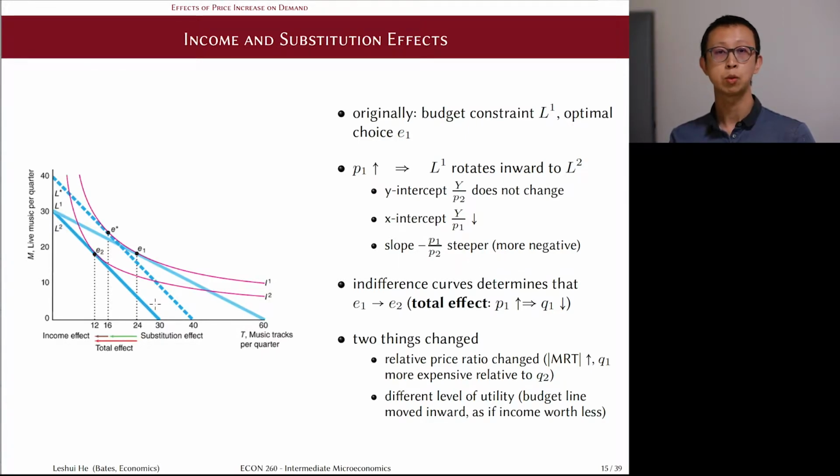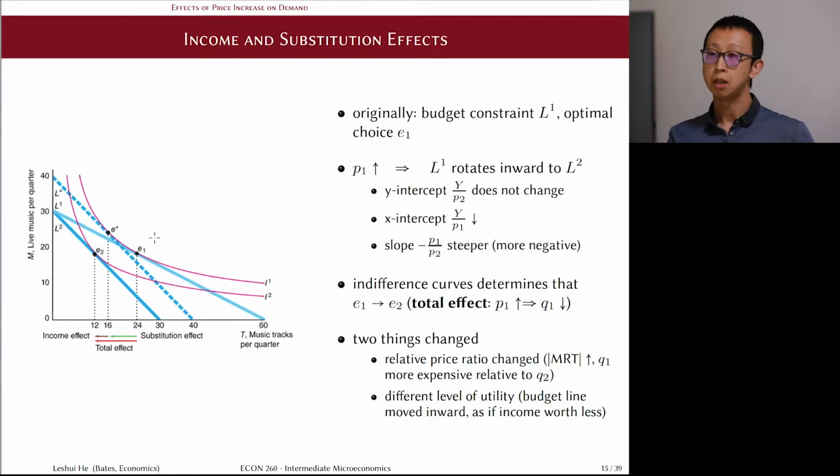It turns out that the total effect on demand from an increase in price can be decomposed into these two separate changes or effects. First, a rotation from E1 to an intermediate point of E star around the same indifference curve.